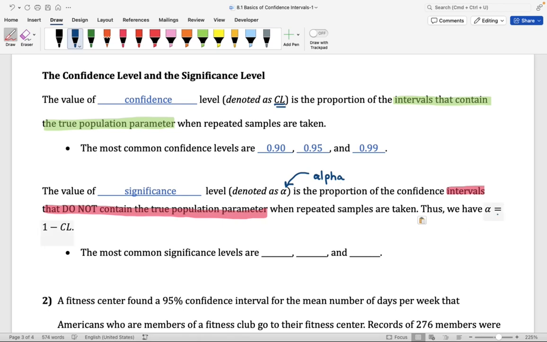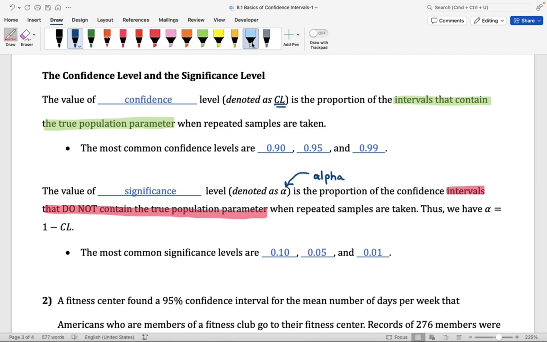Thus, alpha is equal to 1 minus the confidence level. The most common significance levels are going to be related to the common confidence levels. These are going to be 0.10, 0.05, and 0.01. These significance levels are determined by the confidence level. Why? Because alpha is equal to 1 minus the confidence level.